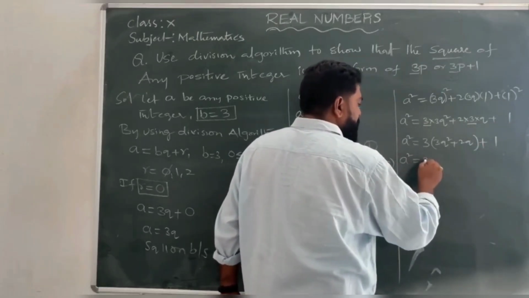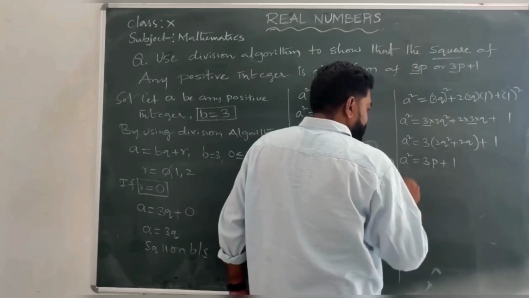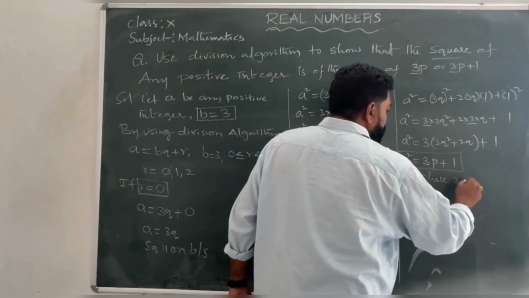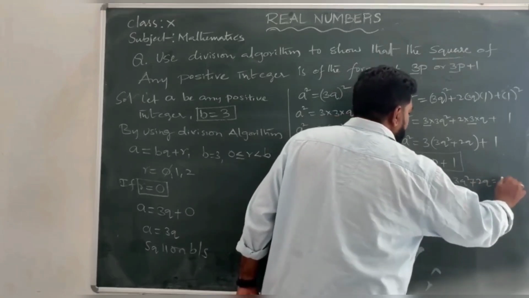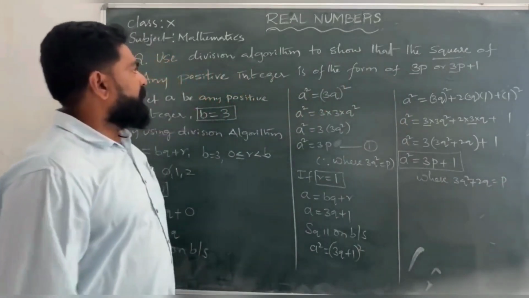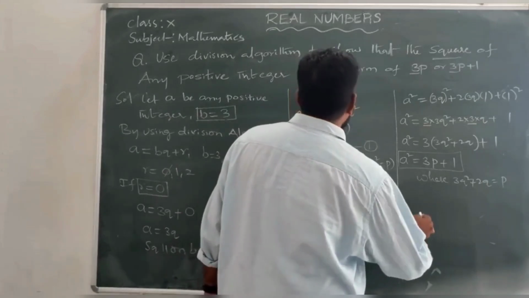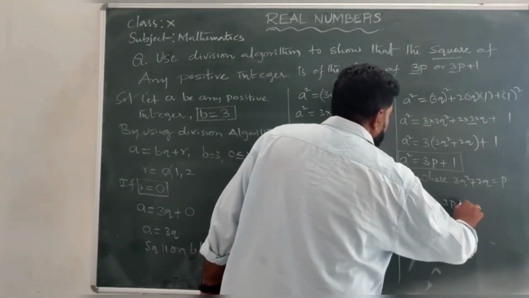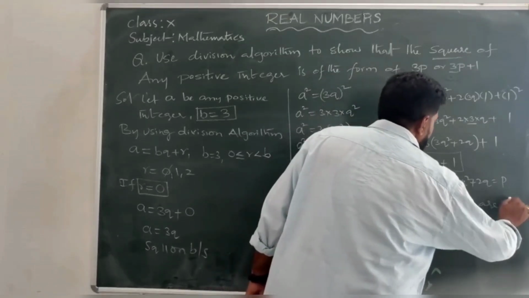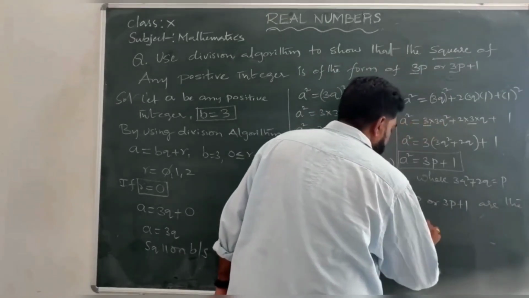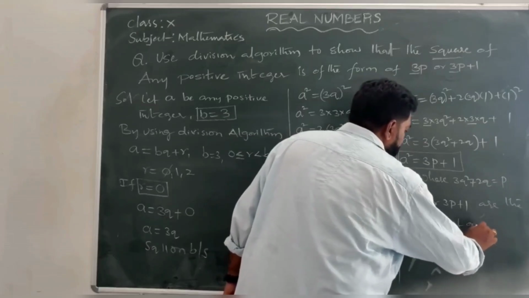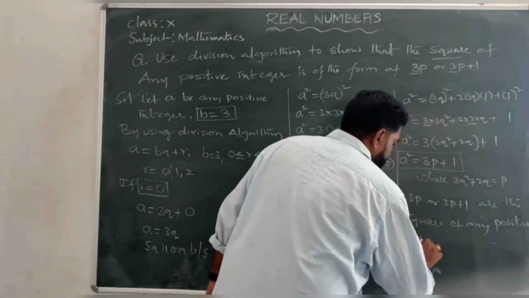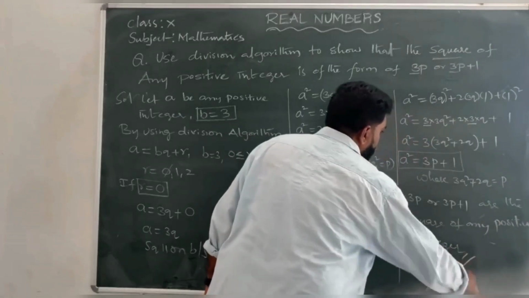Here A square is equal to 3P plus 1, where 3Q square plus 2Q is equal to, we are taking P. Okay. So next, here the square of any positive integer is of the form 3P or 3P plus 1.